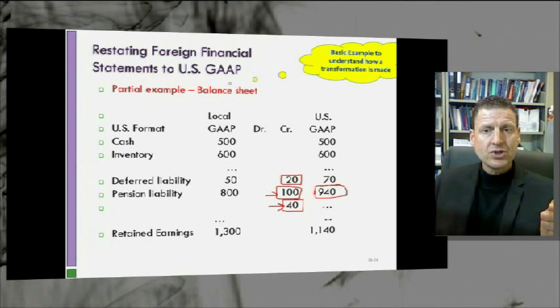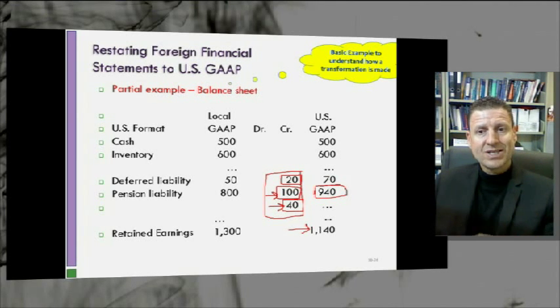This 100 should have been recognized in prior periods, and since we don't know when it was or how it should have been recognized, it basically comes up into the retained earnings at the beginning of the period, which should be $100 less. So now we've got to make that adjustment here in the current period balance sheet, and all three of these items, 20 plus 100 plus 40 is 160. Now your retained earnings is now 160 less.